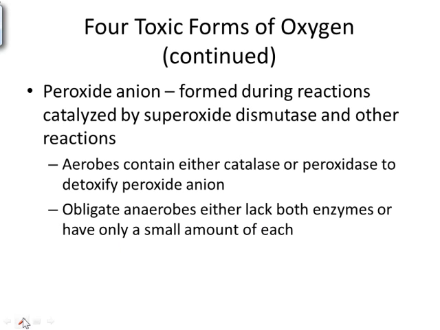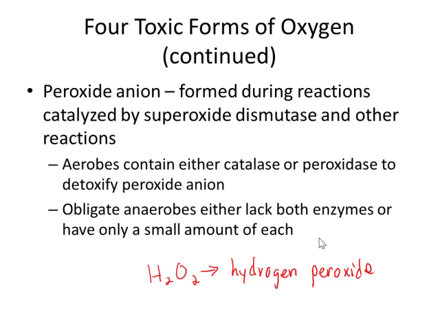Another toxic form of oxygen is peroxide. You may know one form of this that's common, which is hydrogen peroxide. Again, this is a natural byproduct of energy production. Aerobes handle hydrogen peroxide by producing enzymes called catalase and peroxidase to detoxify it.